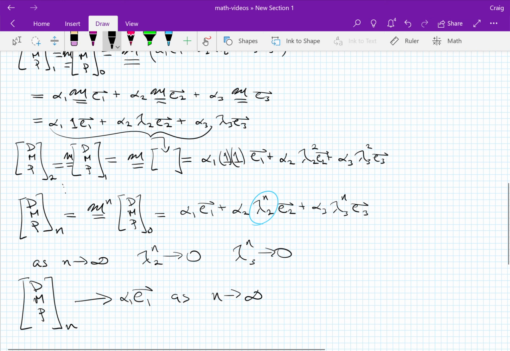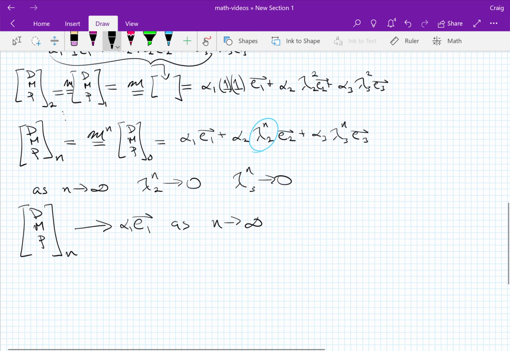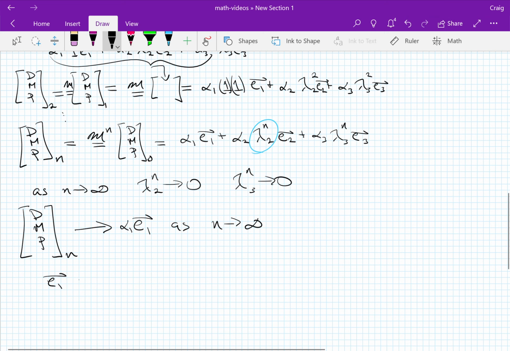So what we've shown, thinking about things in terms of the eigenvectors, is that, especially for Markov matrices, the special eigenvector that has eigenvalue 1 is called the steady state. In the limit of a large number of iterations of this Markov matrix on the population vector, all the components of that vector along E2 and E3 will eventually go away because of these factors of lambda to the n that appear on them.